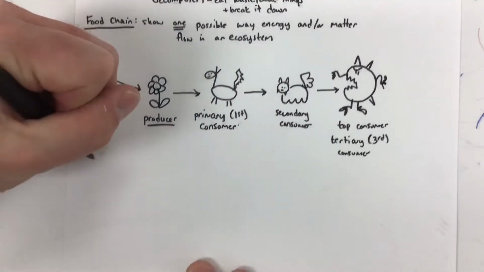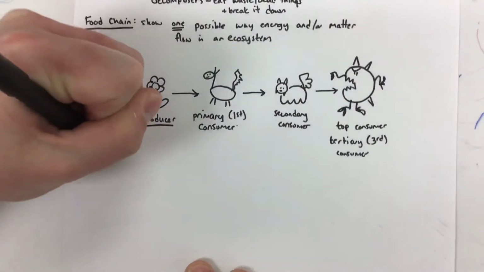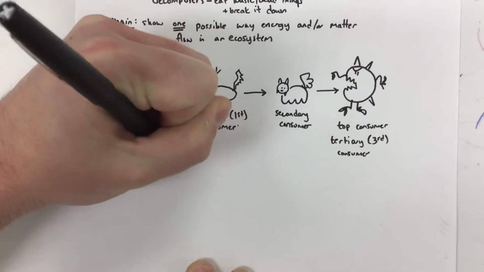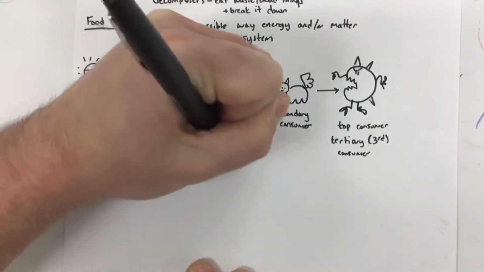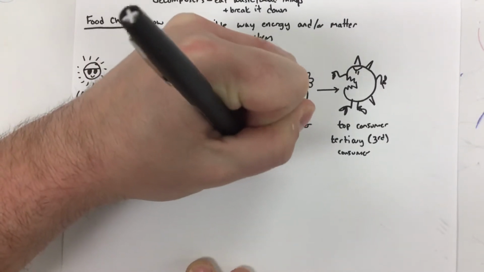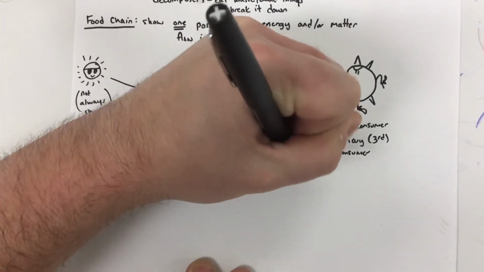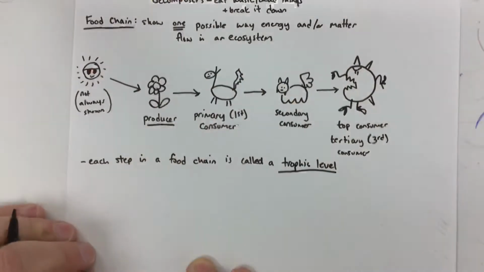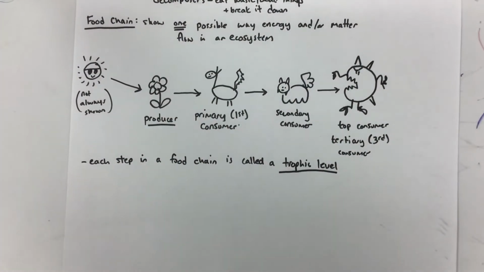All right. So each step in a food chain is called a trophic level. And once again, troph means feed or to eat.